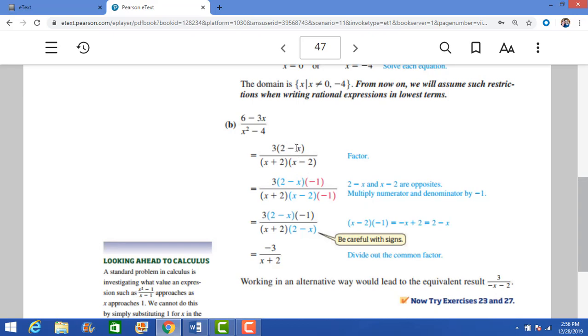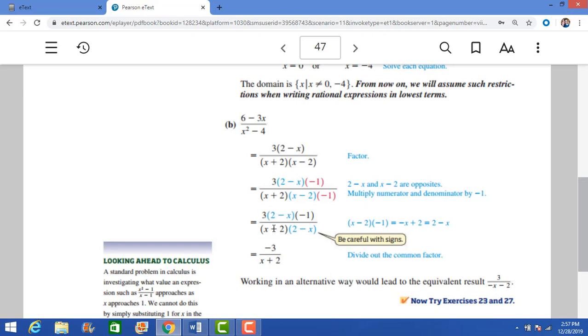I would just factor out a -1 here. This would flip this to x minus 2, and then you cancel these two, and you end up with a -1, so -3 times it. Here, what they did was they multiplied the top and the bottom by -1. You could do that too, but you don't need to. You could just factor out a -1 and have the same effect. Okay. And then these cancel, and you end up with -3 over x plus 2.